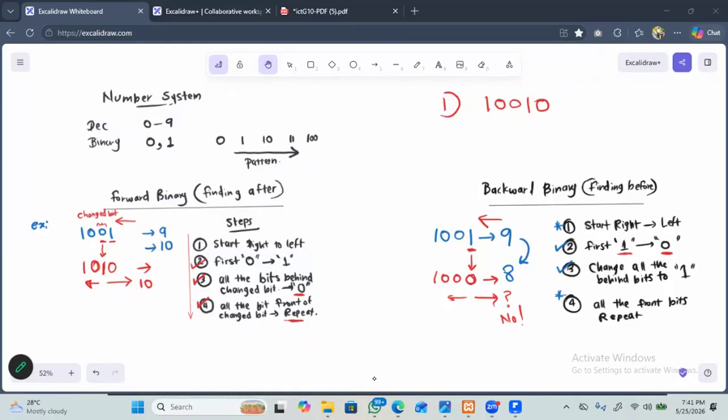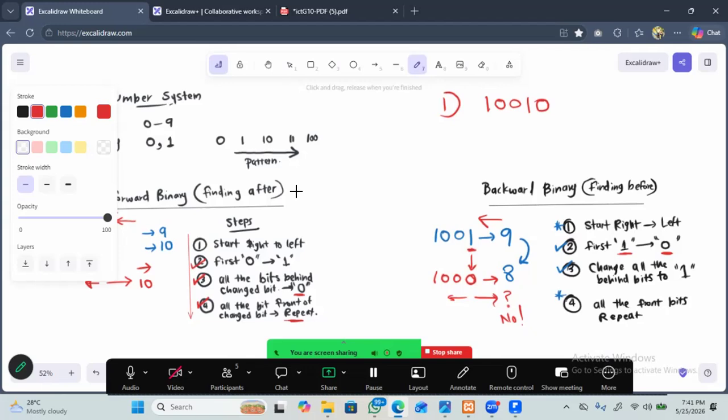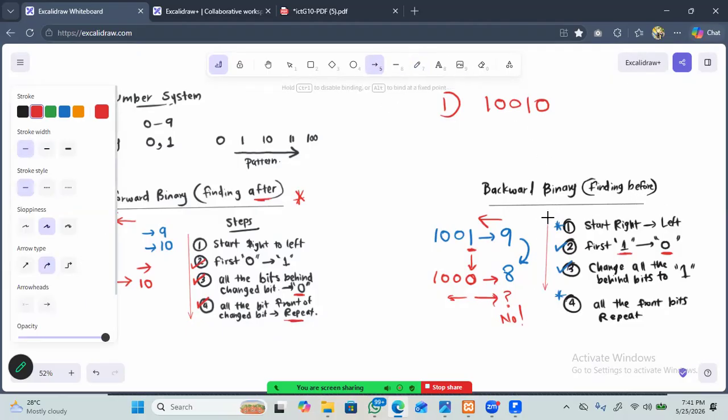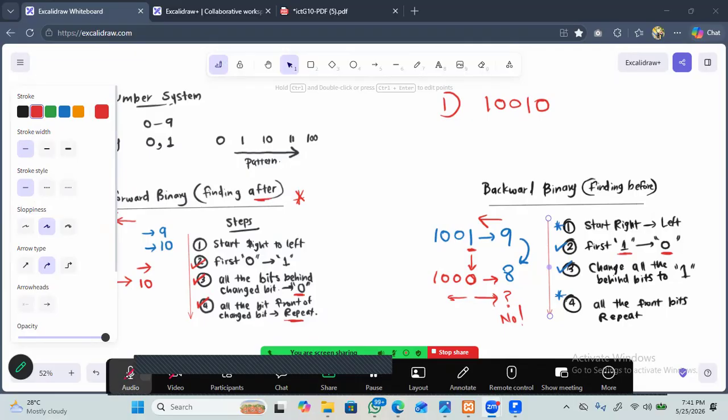You did these steps, right? So that is for the after number, dear. To find the before, these are the steps you need to do. Taking too much time.